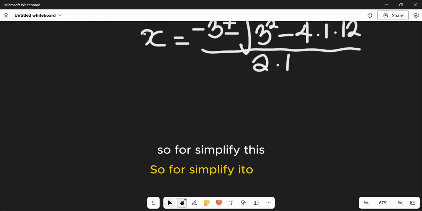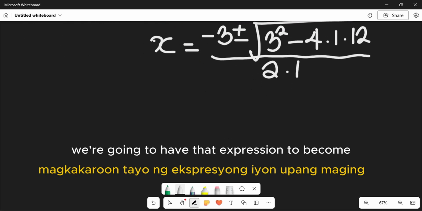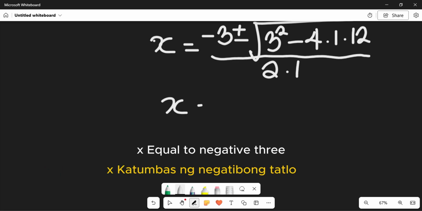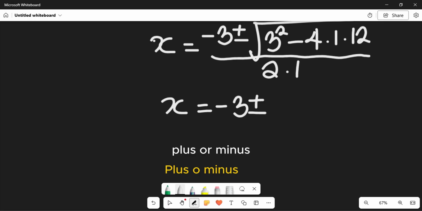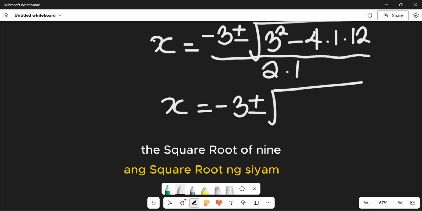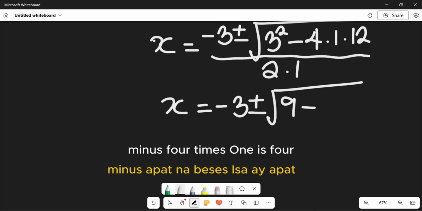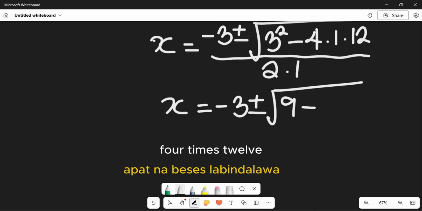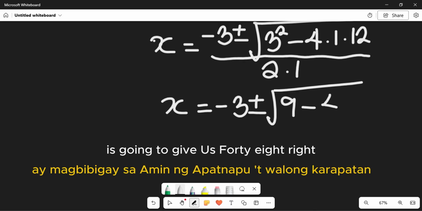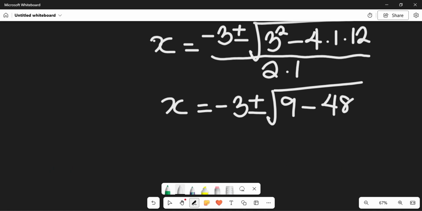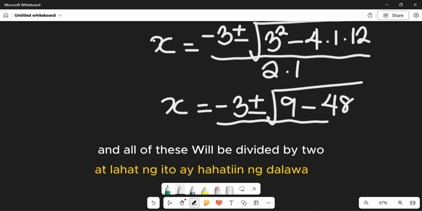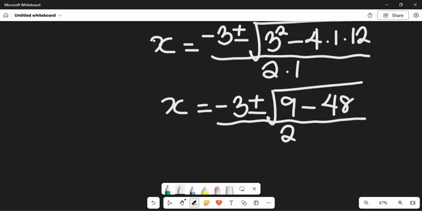So if we simplify this, we're going to have x equal to negative 3 plus or minus the square root of 9 minus 4 times 1, which is 4. 4 times 12 is going to give us 48, right? And all of these will be divided by 2.